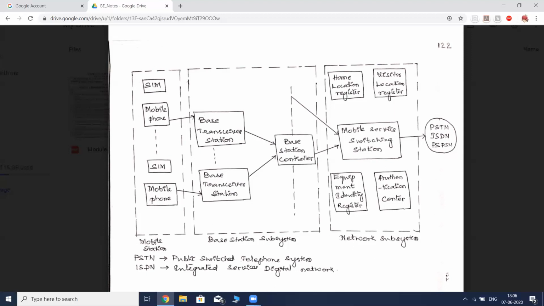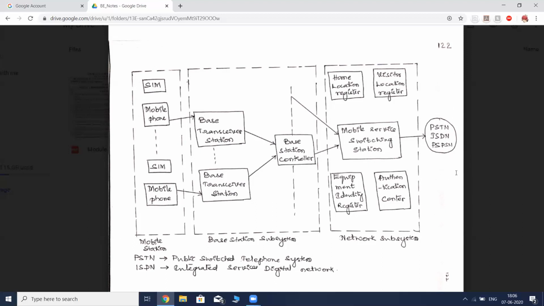Your call will be sent to the mobile service switching station, which comes under the network subsystem. From there it goes to the telephone network.